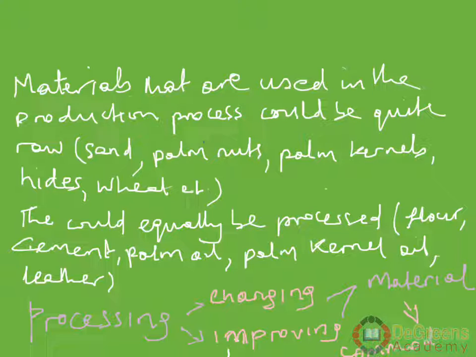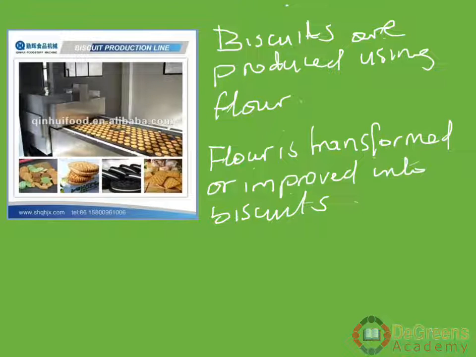So we look at this processing. When we talk about processing, it is just changing or improving the form of the material. So it ends up in a commodity which we consume. We can look at these biscuits now. These biscuits are produced using flour, which is the base material, and the flour is transformed or improved into biscuits.